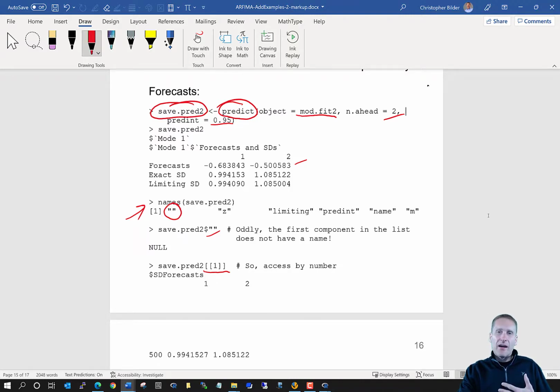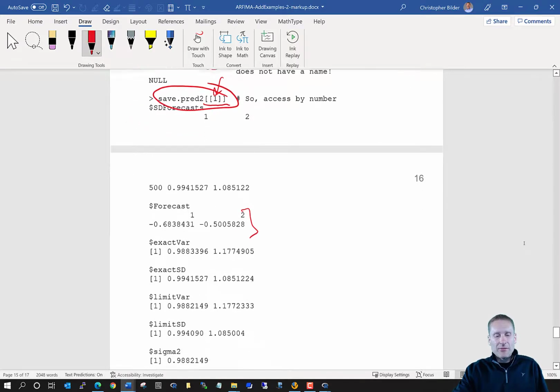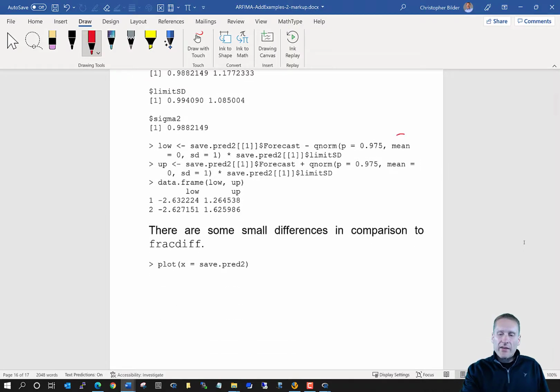So if I use double square brackets, I can pull out the first element of that list, and that element is the corresponding forecast. What's disappointing is that given how important forecasting is in time series, to have this very odd way to extract the corresponding forecast, I find that essentially unacceptable. One can then find the corresponding intervals as well, and here's where we get that.